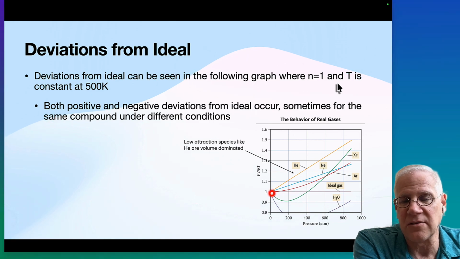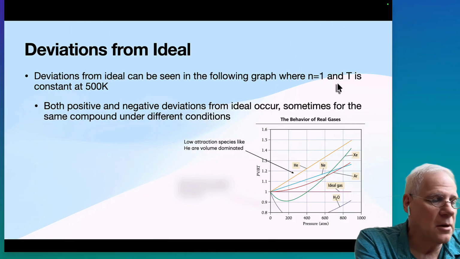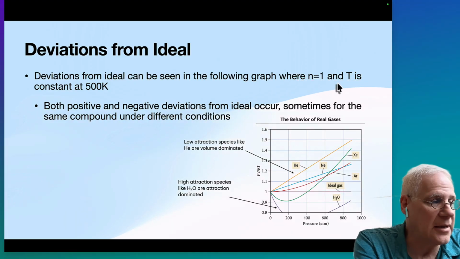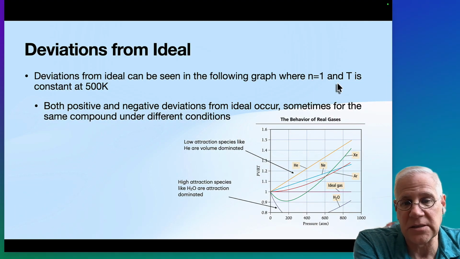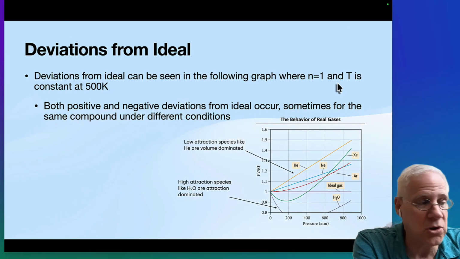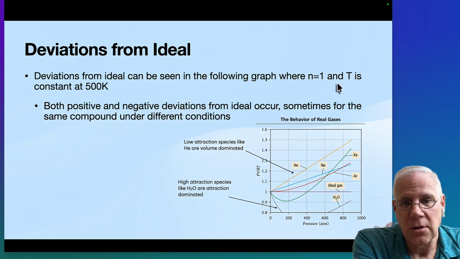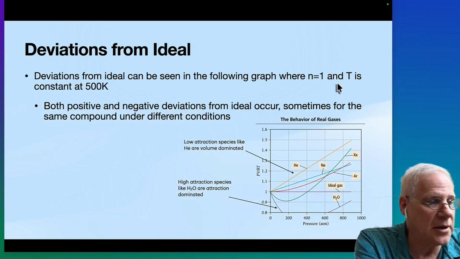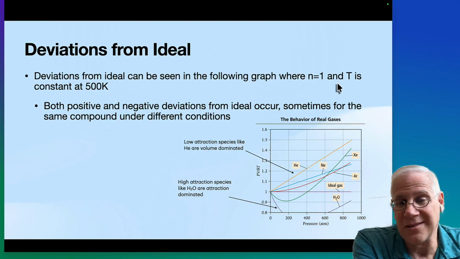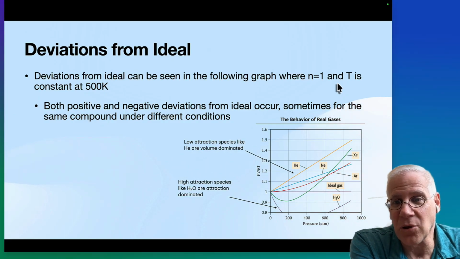Xenon, as we start getting bigger, you see xenon starts to have a negative deviation here, and then rises up to a positive. Something like H2O, water, which is still a fairly small molecule, but has a very large dipole because of that hydrogen bonding, goes well into the negative regions. You can see it goes below the level of our graph here, way down.